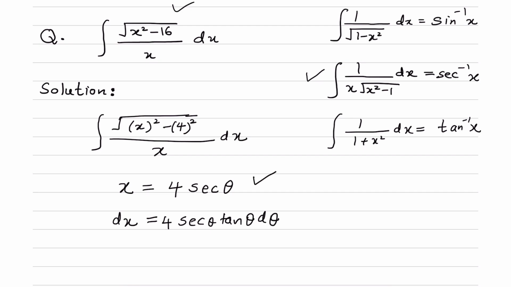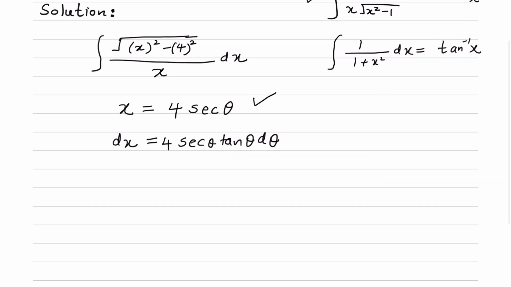If this substitution x equals 4 secant theta is correct, then when you plug the values of x and dx back in this integral, you will see that the square root is eliminated. If it is not correct, the square root will not be eliminated. Let's put the values back in the integral.